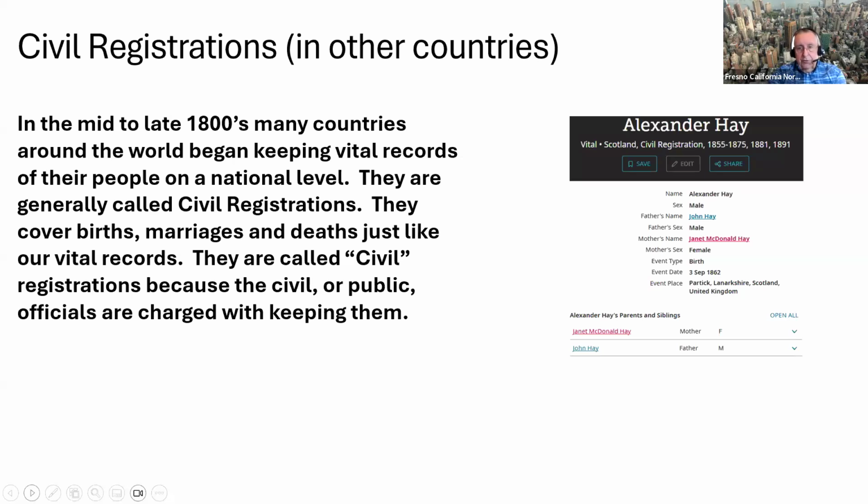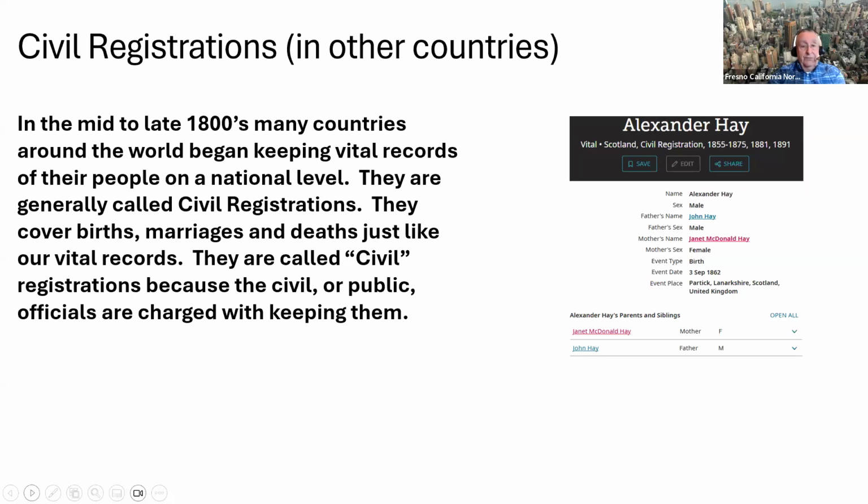We're looking at one here that's a transcription for civil registrations in Scotland. And it says that they began in 1855. And so you can get back that far with civil registrations. You wouldn't get that far back in most places in the US. So these can be very good records.